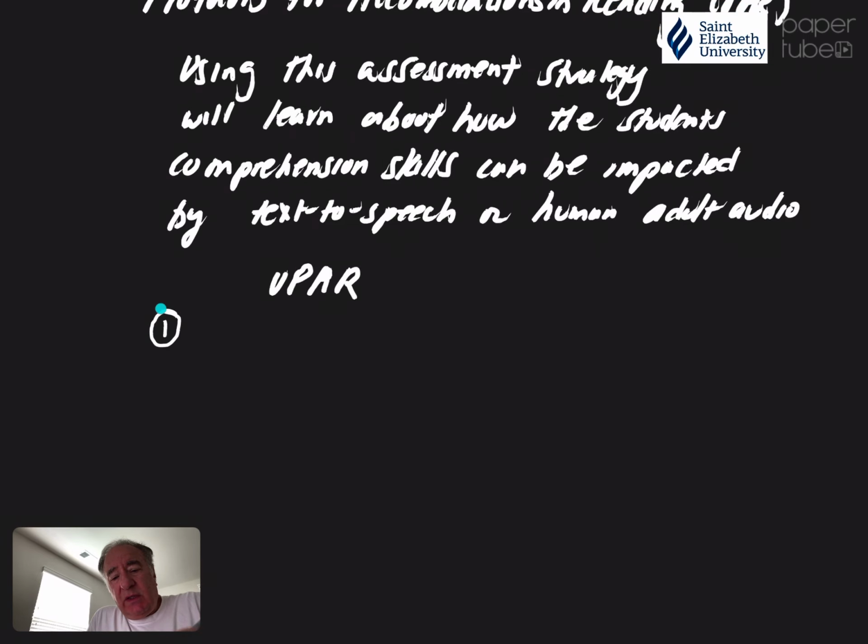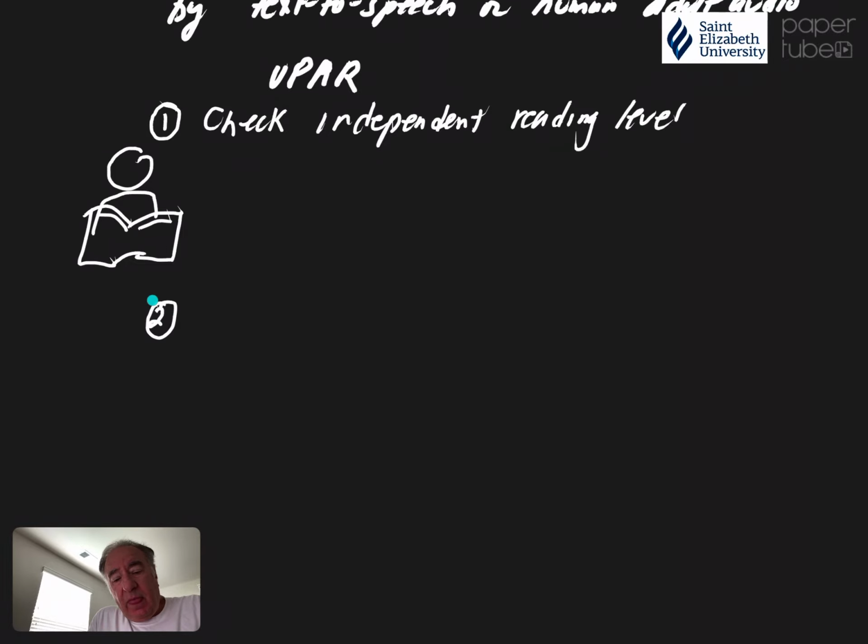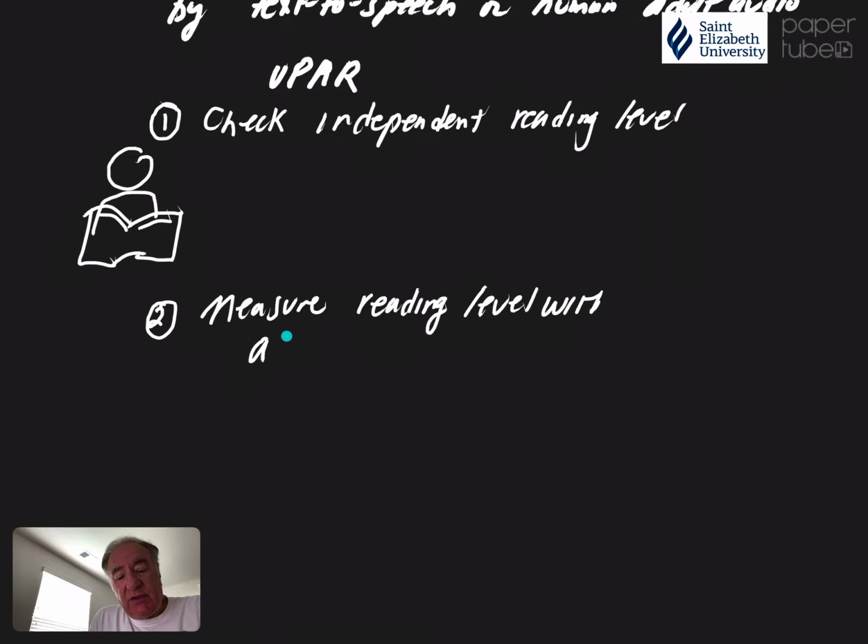So using a computer, uPAR can do a couple things. One, it can check the independent reading level of a student when they're reading a book. Number two, it can measure the reading level with an adult reader or a teacher.